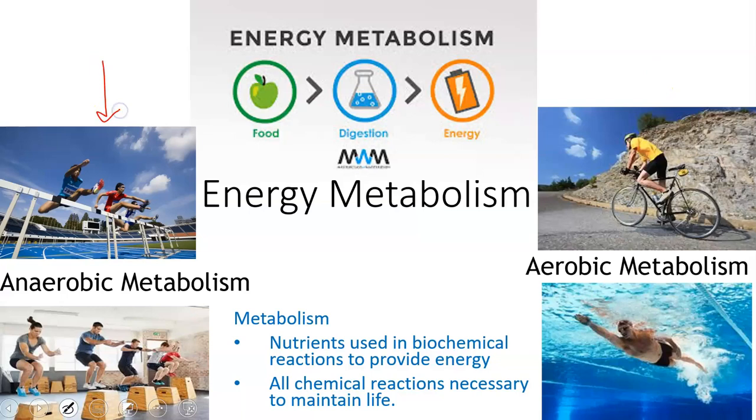So anaerobic metabolism, you might think of things that you do that are anaerobic, which would be high intensity, short spurts of energy. So the examples in these pictures are for high intensity, short lasting activities.